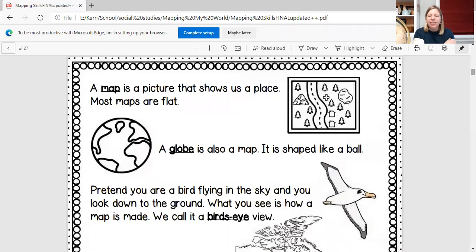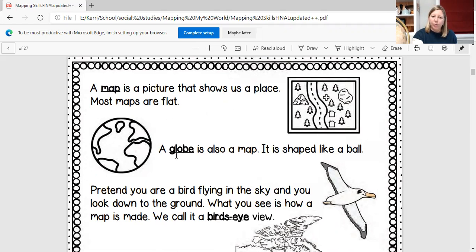Second page, you will see that there are some terms, some words that we need to learn about maps. Let's read them together. Get your finger ready and we'll follow along. A map is a picture that shows us a place. Most maps are flat.